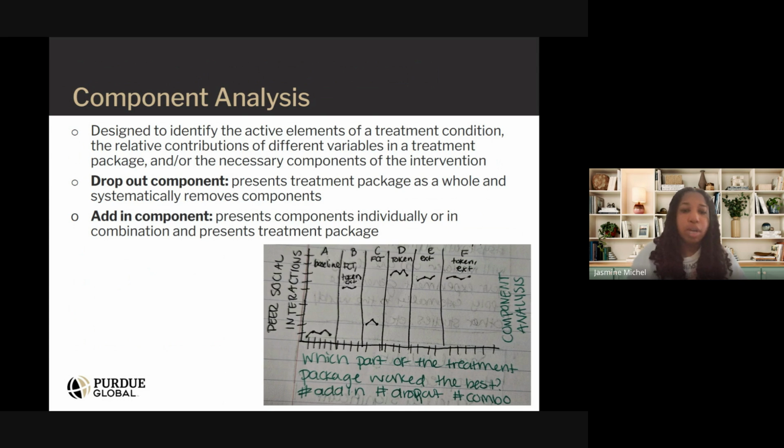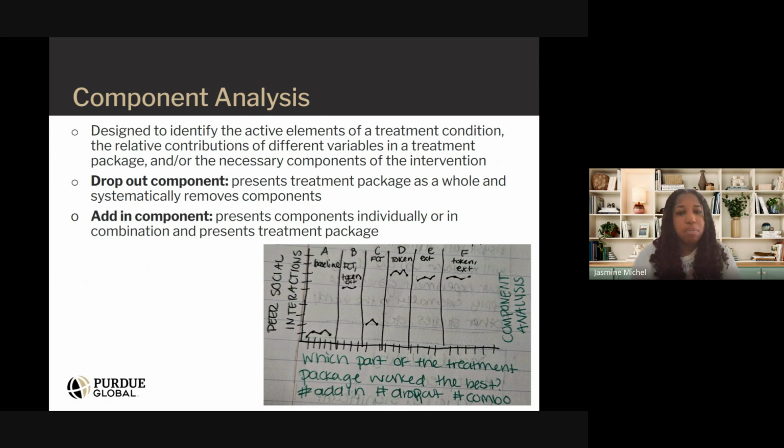So we're going to go to intervention B, which is FCT, token economy, and extinction. Now, as you can see, it's somewhere in the middle, but it's not what we want. And intervention C, just FCT. Then intervention D, just token economy. And then intervention E, extinction, and then F, token and extinction.